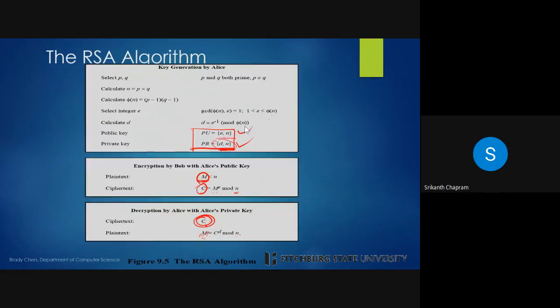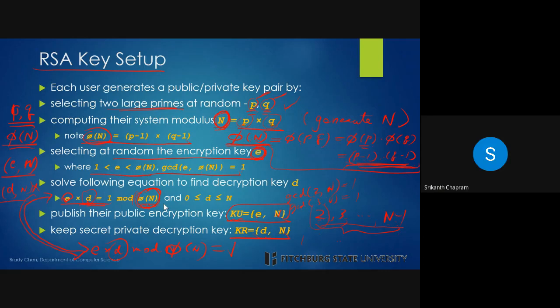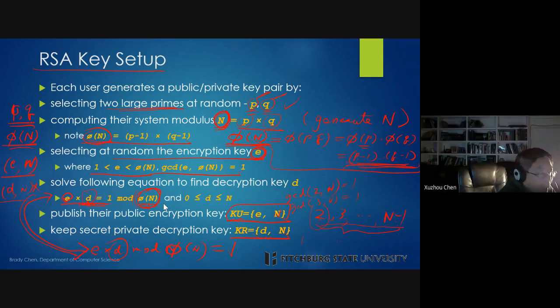So it's pretty simple, right? That's how RSA works. Yes. In the previous slide, it says D is equal to E to the minus 1 mod phi of N, but before that it was showing something different: E times D equals 1 modulo phi of N. Oh, yeah. You can say D is actually E to the minus 1.